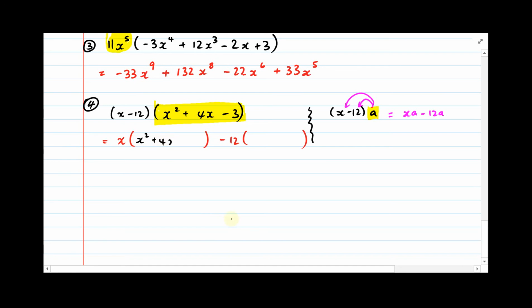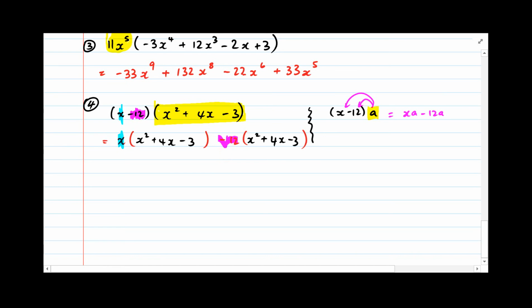Let's fill it in: x squared plus 4x minus 3. So essentially we are breaking up one of the factors, multiplying by the x and everything behind it, and we get the minus 12, and we are multiplying everything by that minus 12.